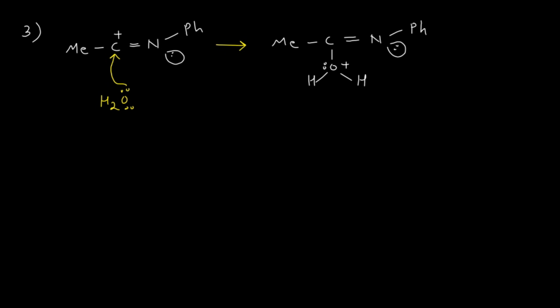Why am I always putting this lone pair on the nitrogen atom? The reason is that whether you are a new learner of organic chemistry or an expert, it is always important to write each and everything while drawing the mechanism. That's why I am putting this lone pair on the nitrogen atom all the time.